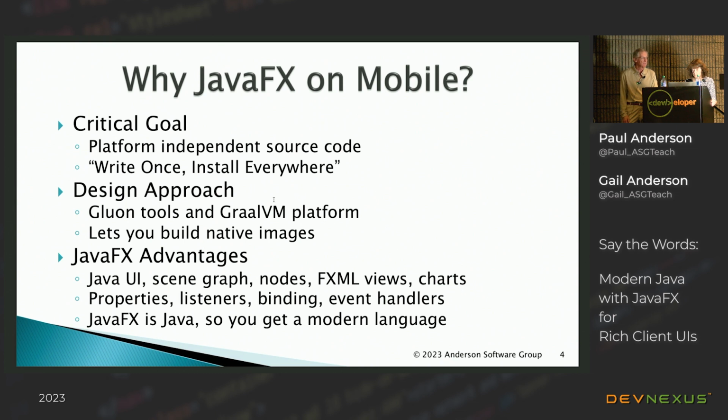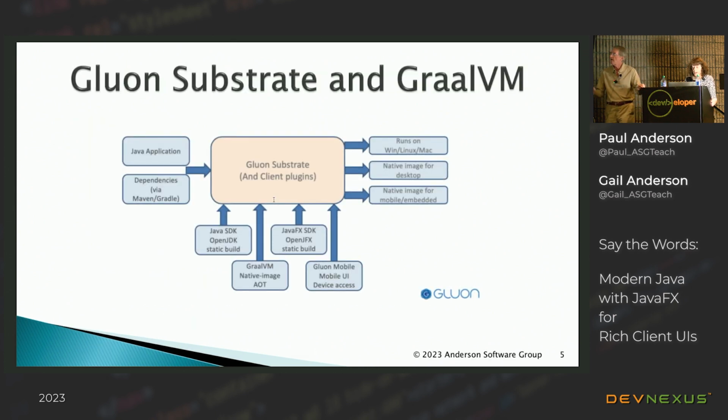Okay, this is something off the Gluon website, and it shows you the pieces that all fit together. In the middle, you see the Gluon Substrate tool. That's the glue that puts it all together. On the left, you see your Java application, and underneath it, you have a build with either Maven or Gradle. We used Maven.